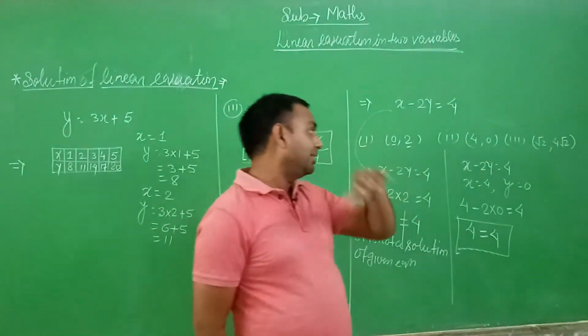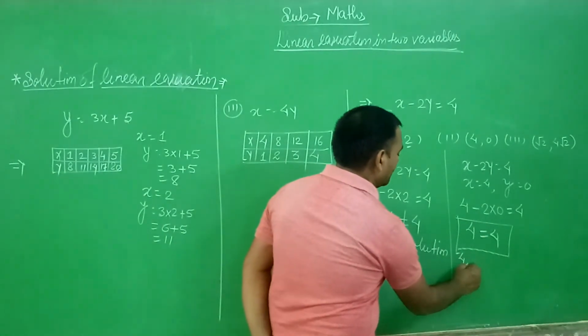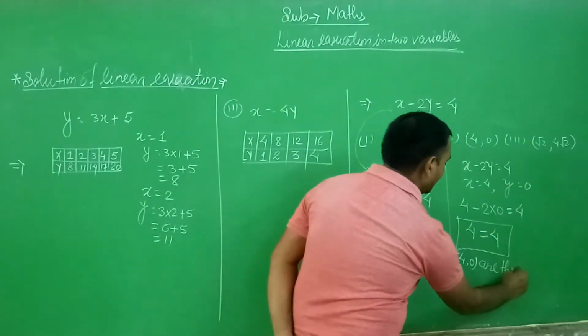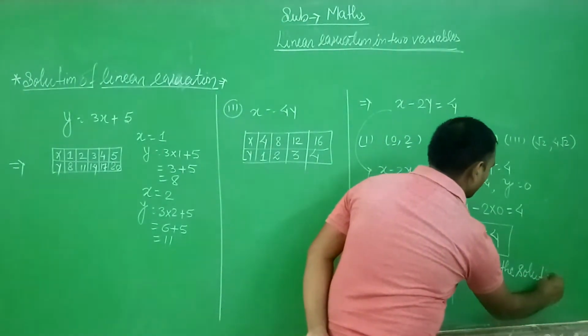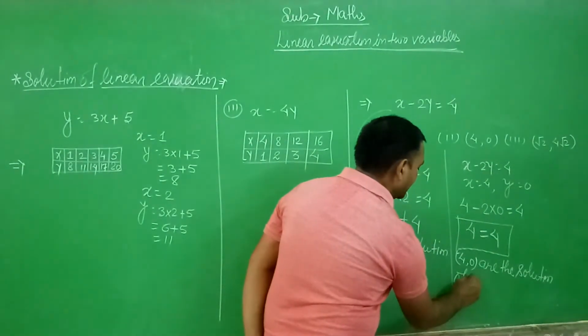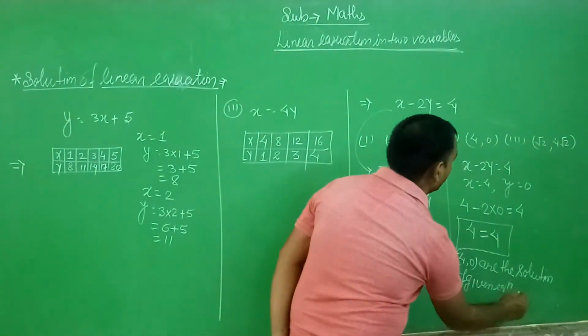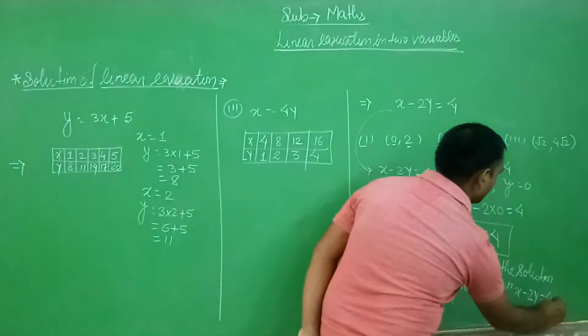Then you can say 4 and 0 is a solution of the given equation x minus 2y is equal to 4.